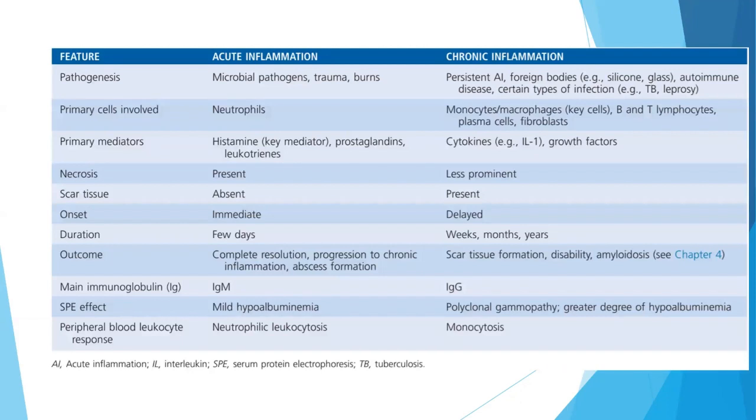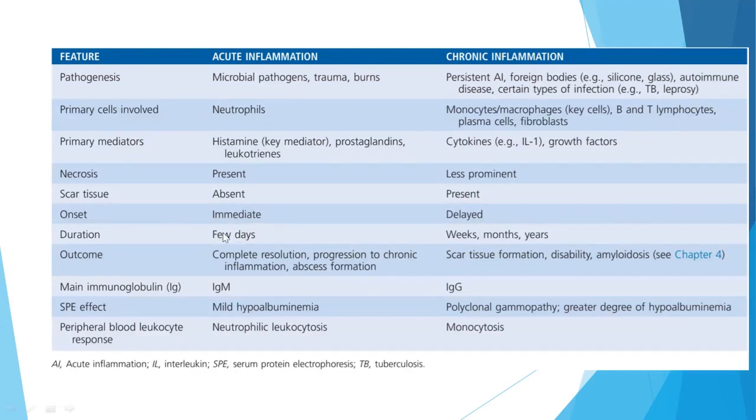Now, this is the basic difference between acute inflammation and chronic inflammation. The pathogenesis of acute inflammation includes microbial pathogens and trauma or burns, and chronic inflammation means persistent acute inflammation. The primary cells involved are neutrophils, and here monocytes and macrophages. The primary mediators are histamine, whereas here there are cytokines. The duration is important.